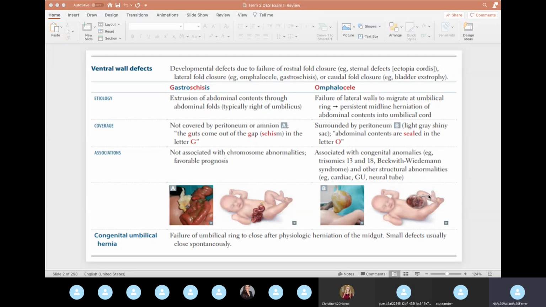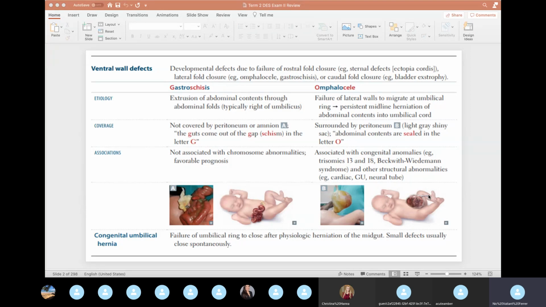The only time that you can have an increase in alpha fetoprotein is if you have spina bifida, myelomeningocele, all of those kinds, right? How about beta HCG? What happens in trisomy 21? Beta HCG and inhibin are increased, right? So increased beta HCG, increased inhibin for trisomy 21, decrease in alpha fetoprotein.